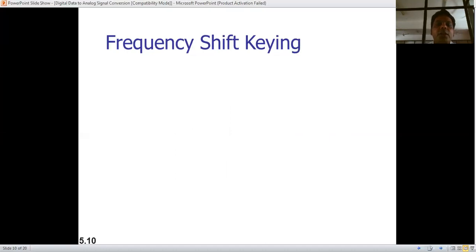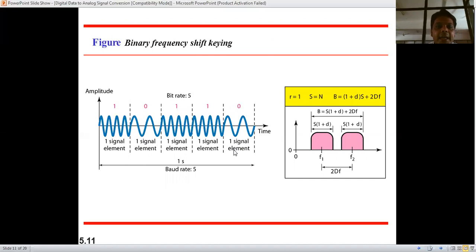So this is all about amplitude shift keying. Now let us move to frequency shift keying. In frequency shift keying, the idea is to change the frequency of the original digital signal by using a carrier frequency signal, or simply a carrier signal.